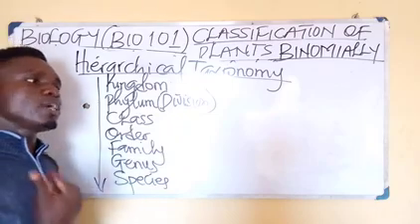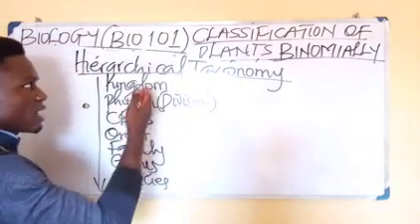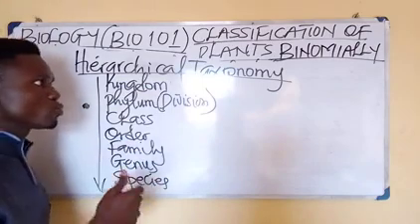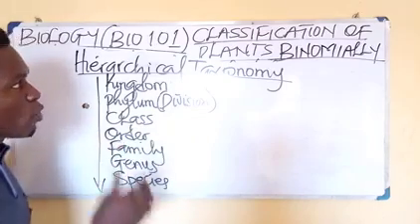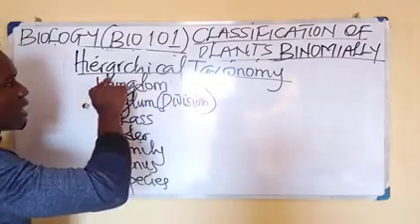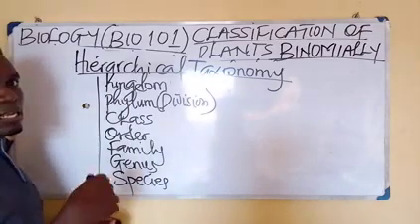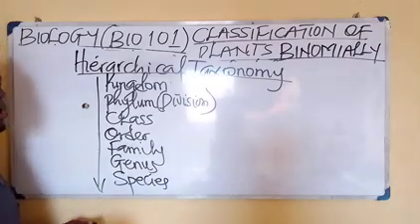All right. If you were told to classify man based on taxonomic hierarchy, how will you do it? It is very simple. Man is an animal. Take it or leave it. We are all animals.